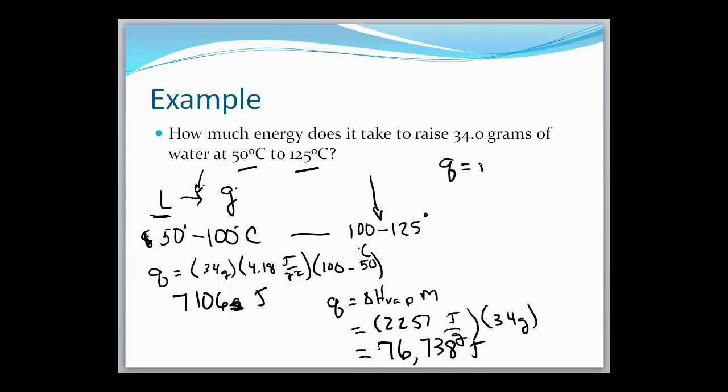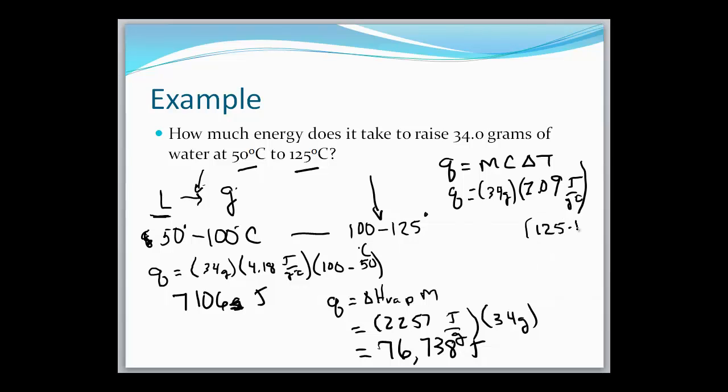And let's do the third calculation from 100 to 125. So Q is equal to MC delta T. So Q is equal to 34 grams. Now our C value for steam, if you remember, was 2.09 joules per gram degree Celsius. We're going from 100 to 125.